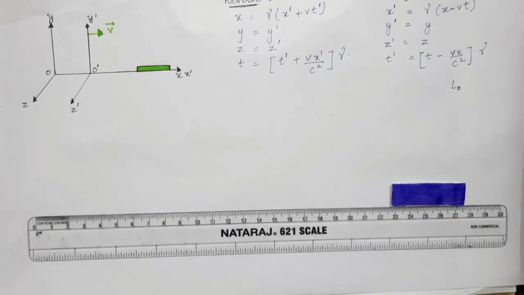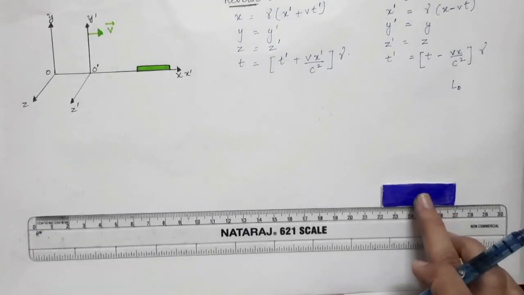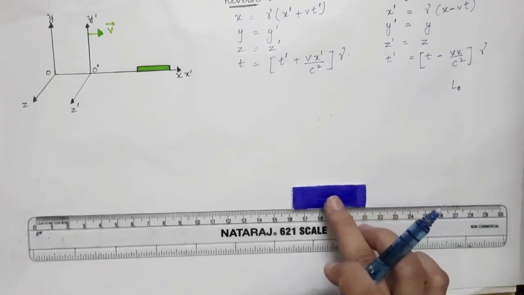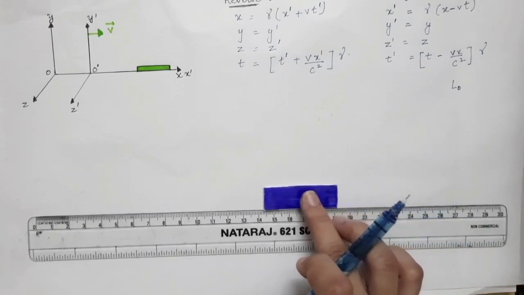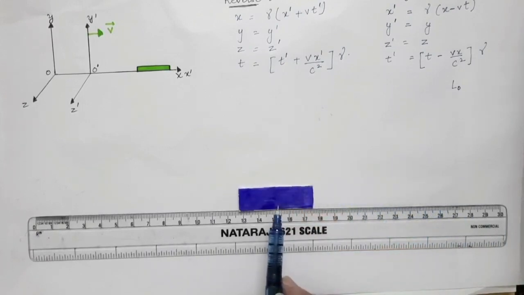Although there is a length contraction in that case, it is very small, so that cannot be observed. But when the velocity of the object approaches the speed of light, when it comes in the relativistic region, the length contraction will be observable.